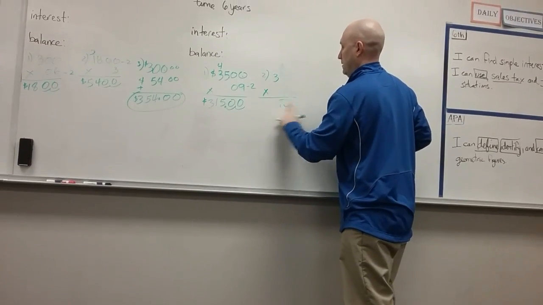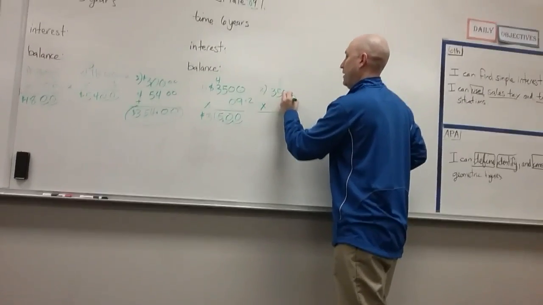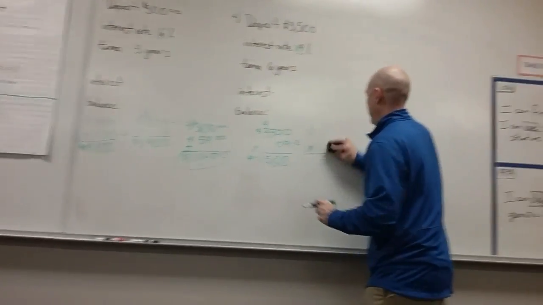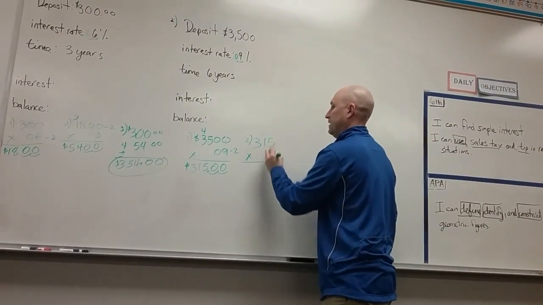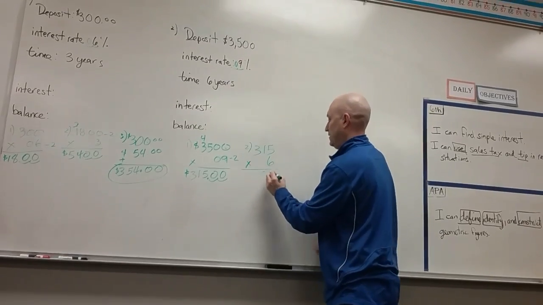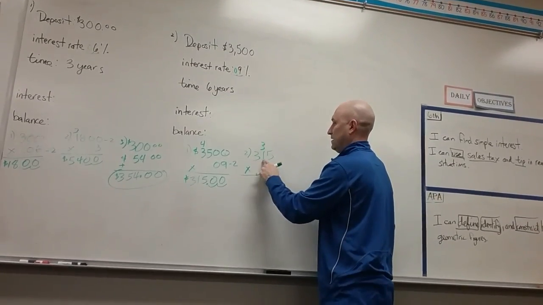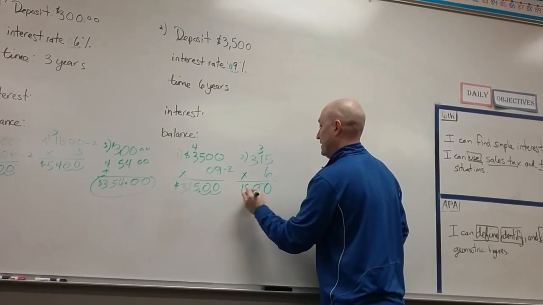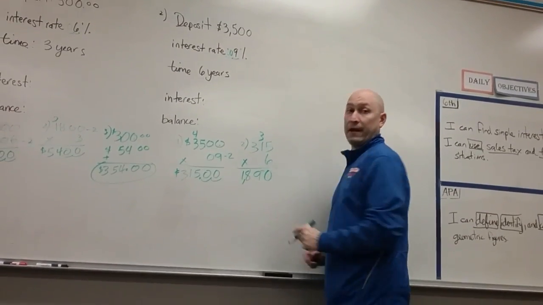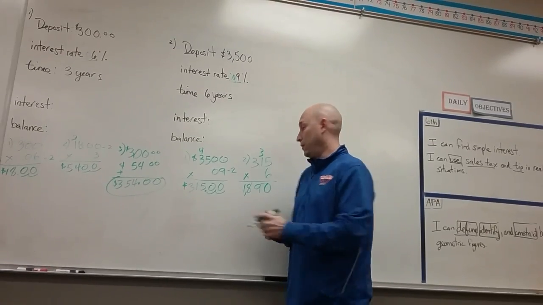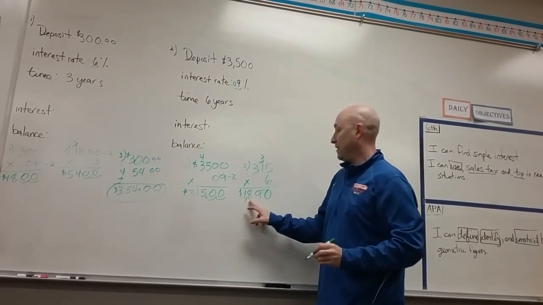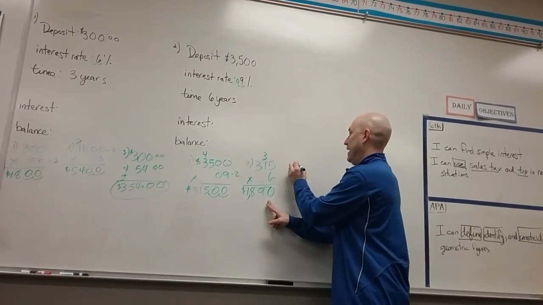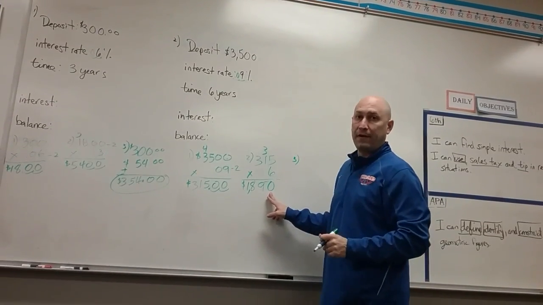I need to go back. 3,500. Oh, I did not make a mistake. 315 times 6 is 30. 6 times 1 is 6, plus 3 is 9. And 6 times 3 is 18. So, in a period of 6 years, it would have grown $1,890. That is my interest that it grew over that period of time.